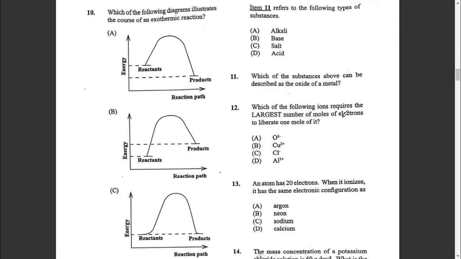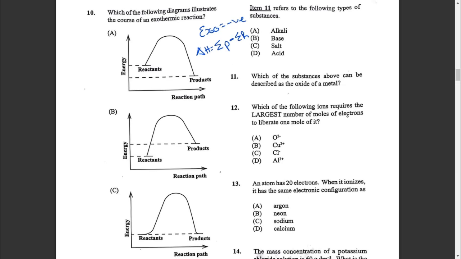Question 10. Which of the following diagrams illustrates the course of an exothermic reaction? For an exothermic reaction, delta H must be negative, and in order for delta H to be negative, it must satisfy this equation where the change in enthalpy equals the sum of the energy of the products minus the sum of the energy of the reactants.